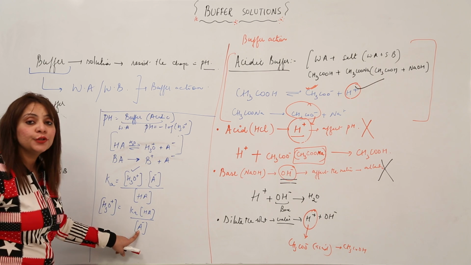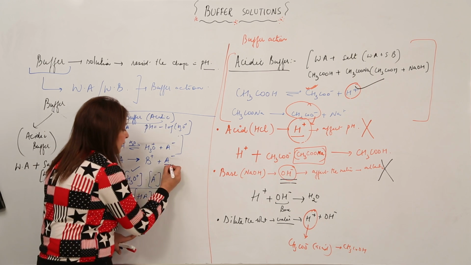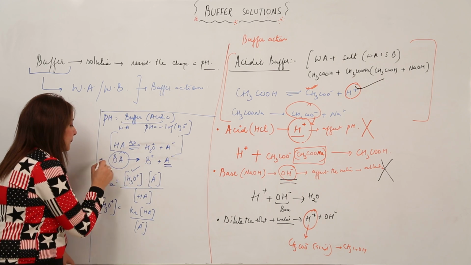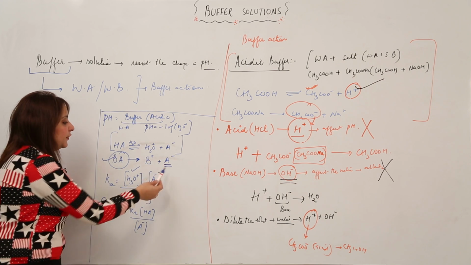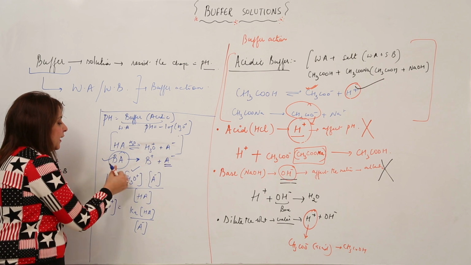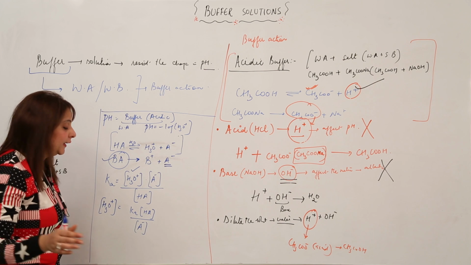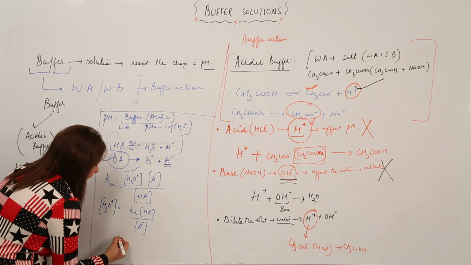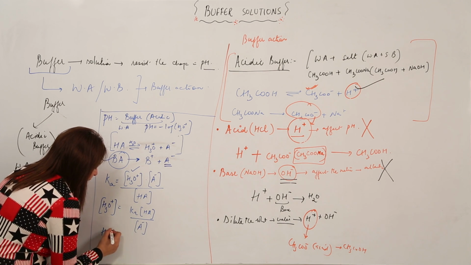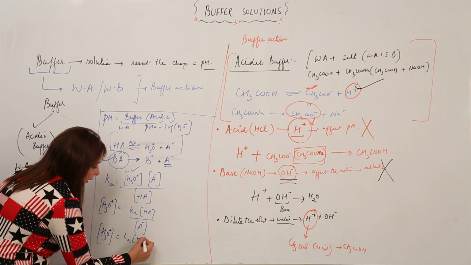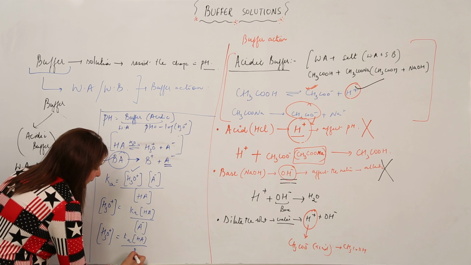Now, what is the concentration of this A negative? That means this A negative will be equal to the concentration of the salt, because at equilibrium the concentration of this and this are equal, right? So we can just replace it by Ba. So that is what I am doing. Concentration of hydronium ion is equal to Ka times HA divided by Ba.